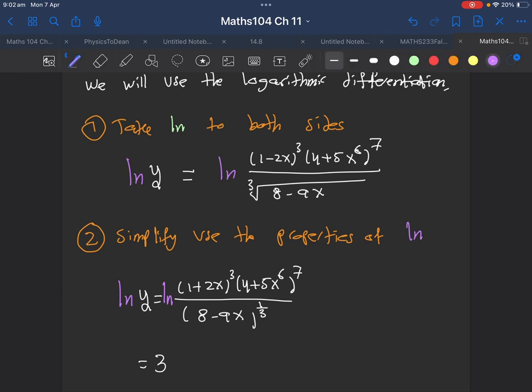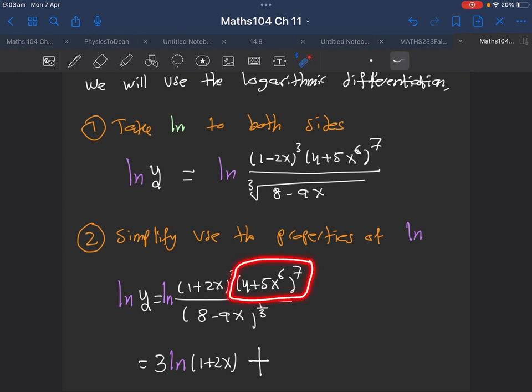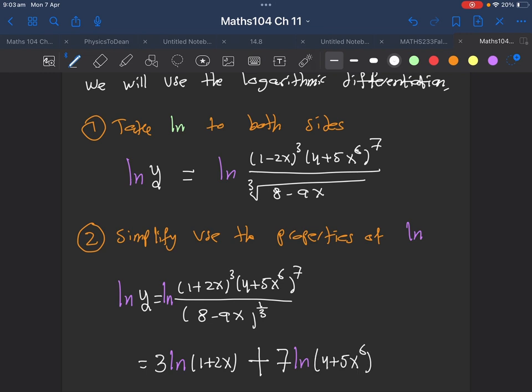Just doing it a little bit quick here. And we take the ln of the first bracket. Plus, do the same thing for the second bracket. The 7 will get down, and we take the ln of the inside. So we get 7 ln of whatever inside: 4 plus 5x power 6.